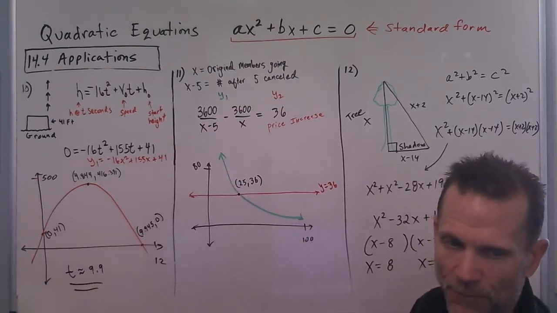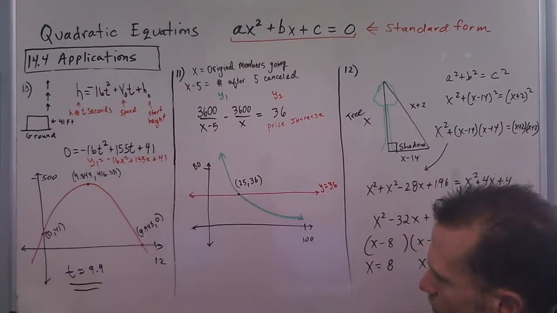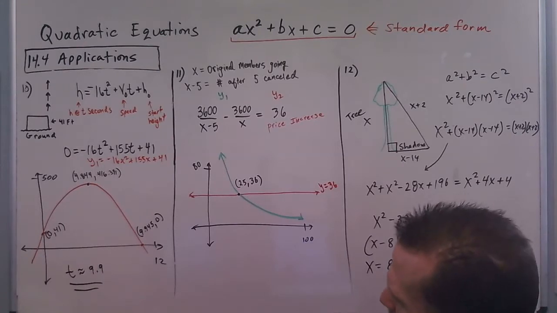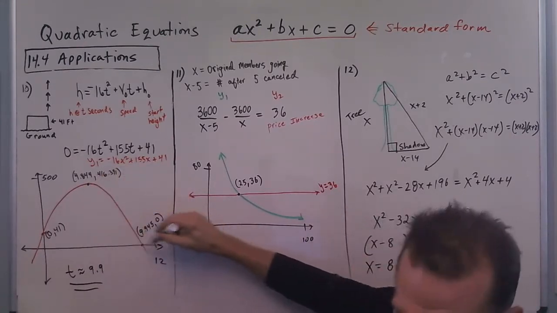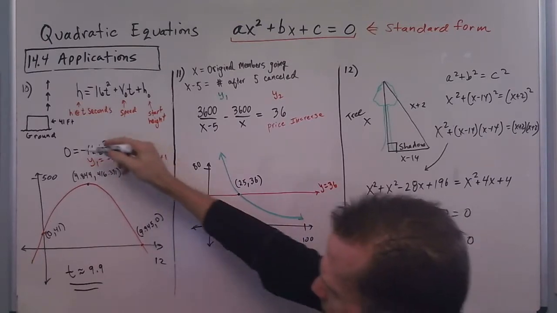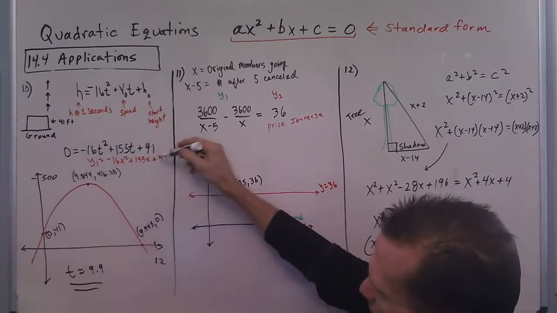Then I'm going to look for when this function hits the 0 line. I could graph y1 and y2, but this is a nice way to do it also.